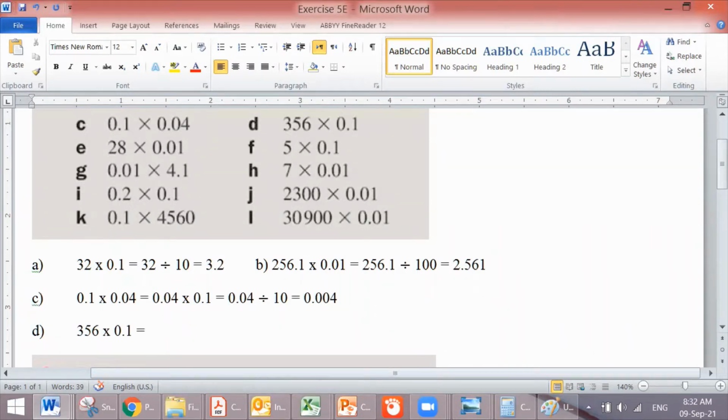All the boys should answer. Ahmad Ashraf, yes, very good. So 356 divided by 10. And very good Muhammad Zaid, very good.